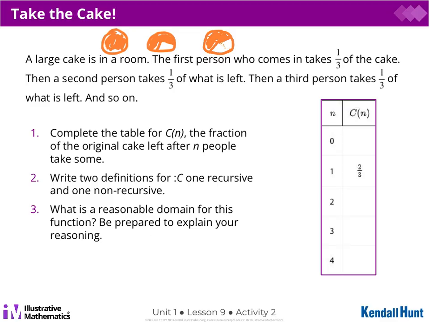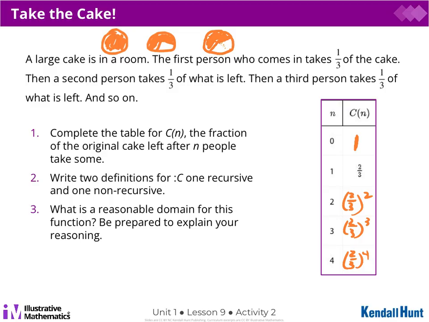Now, this one asks you to calculate what is left. So in our first one, we have one full piece of cake. And then in the second one, we got 2/3, that's what's left, squared. Then we have 2/3, what is left, cubed, and then 2/3 to the fourth power. Okay, complete a table.